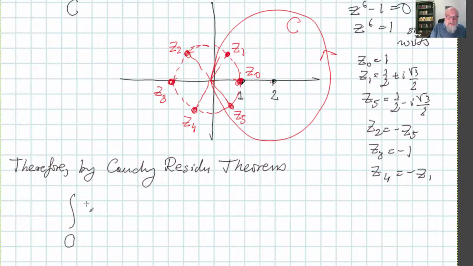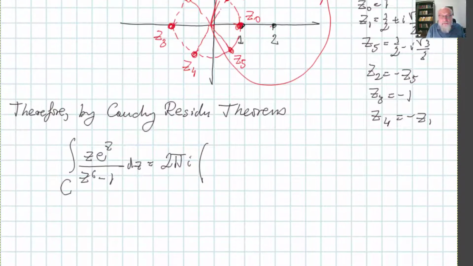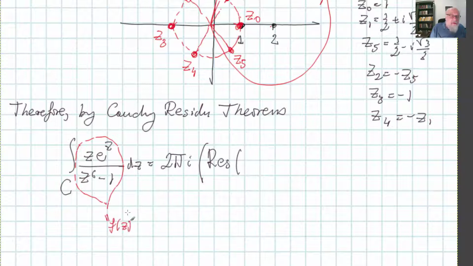We are getting here that this integral over C of e^z / (z^6 minus 1) dz is equal to 2 pi i, and then let's write it down. This is a residue, and this is my function f of z.